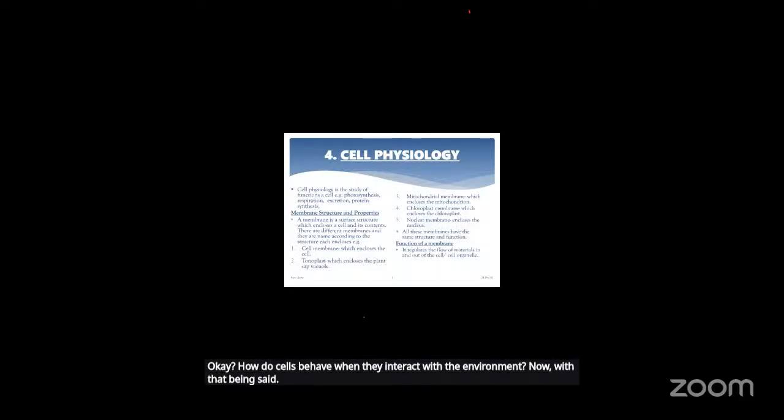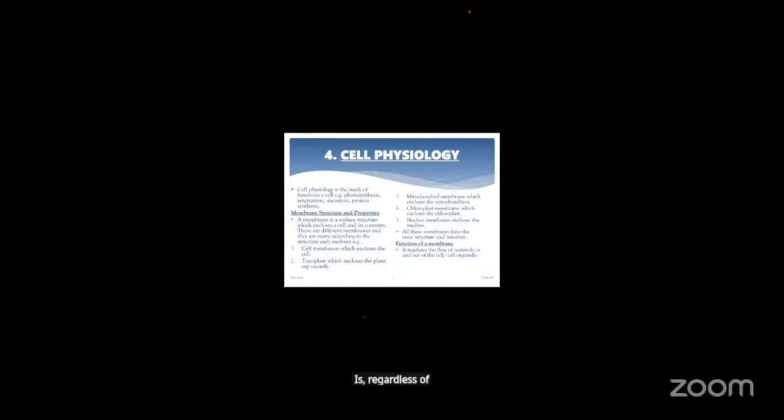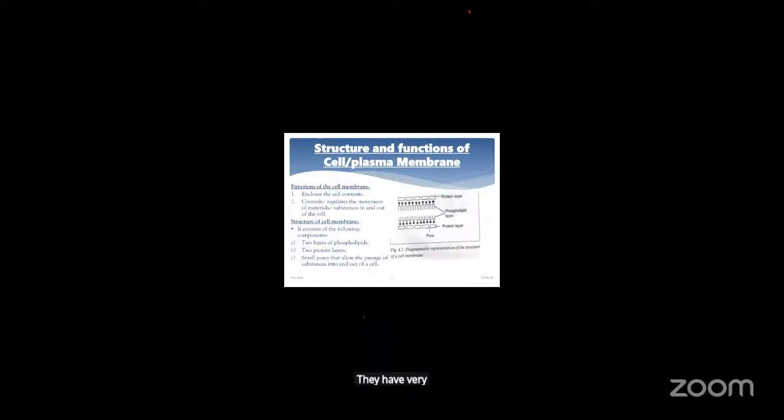Now, remember that regardless of whether it is a plant or an animal cell, they have very many similar parts. Like, for example, we have the cell membrane. The other name for cell membrane is plasma membrane.